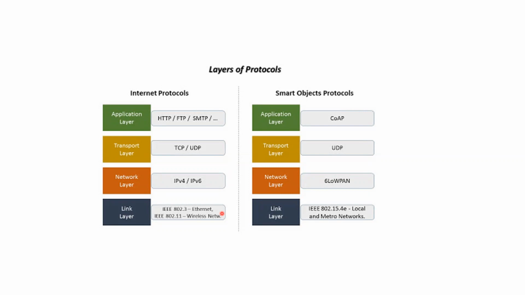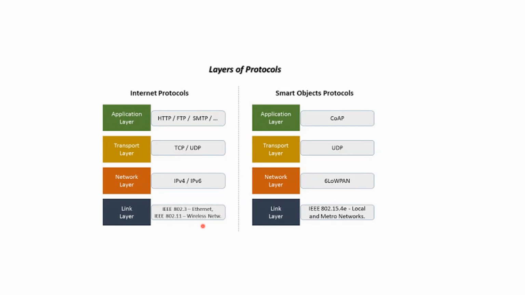Now if you go for wireless communication, the IEEE standard which is used is 802.11. Generally two types of wireless protocols are used. One is Wi-Fi, which all of you know, and another is WiMAX.